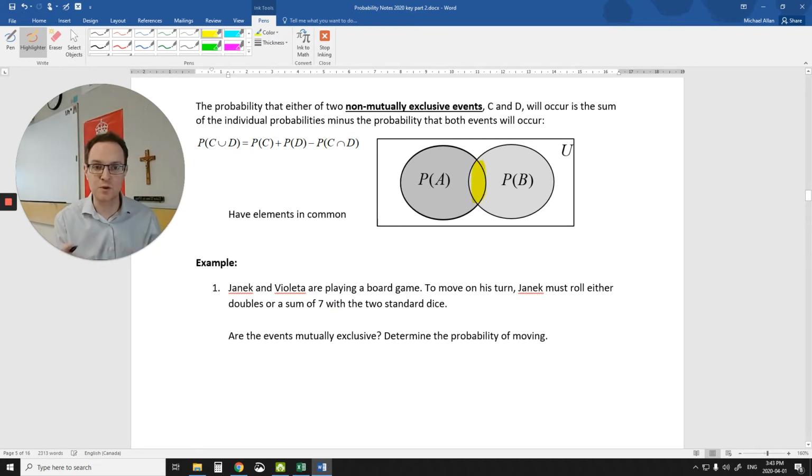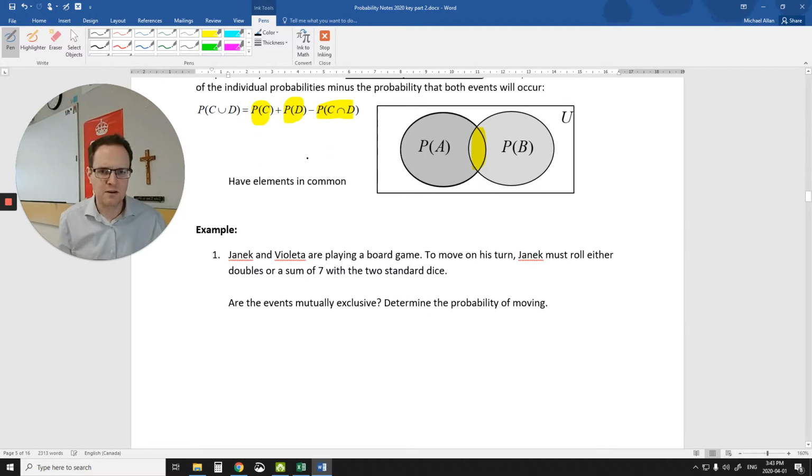So they're not mutually exclusive, non-mutually exclusive events. The formula gets a little bit trickier. So if I want to do the probability of these 2 things, it's the probability of one plus the probability of the other minus the probability in between. You'll see when we do an example of this, how that works.